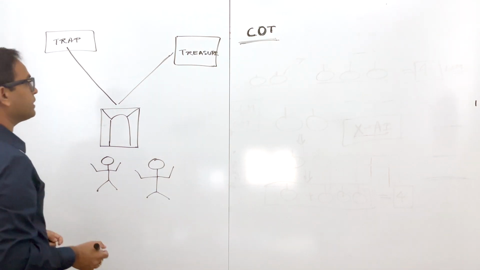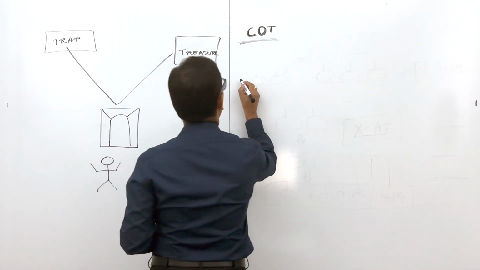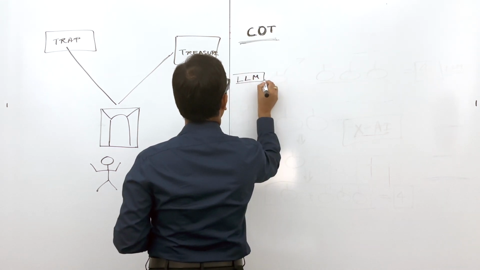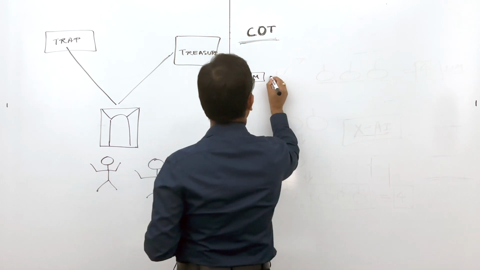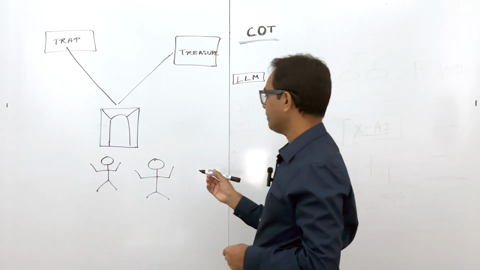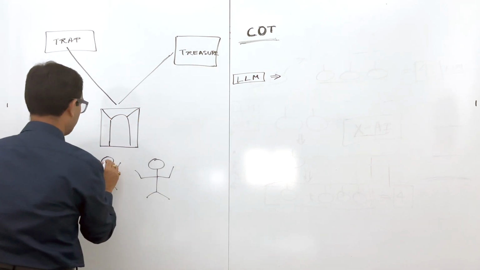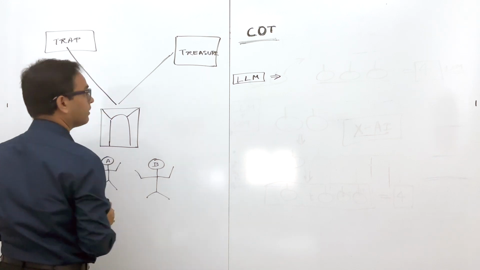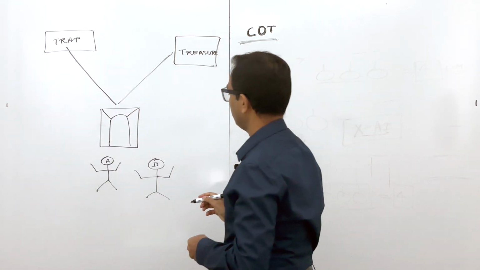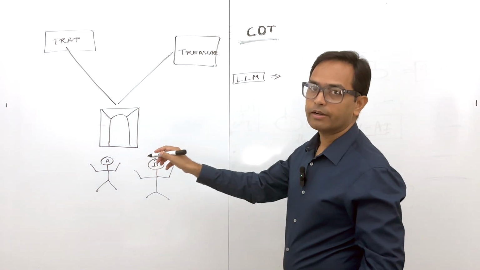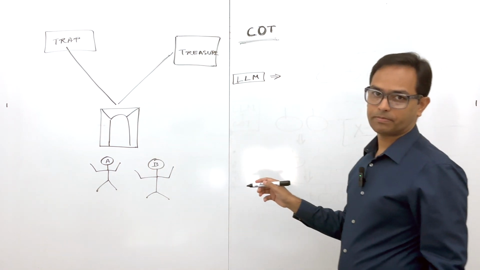Now, I asked this question to the LLM without CoT, and the LLM tells me to ask either guard, A or B, it doesn't matter. Ask either guard, what would the other guard tell me?